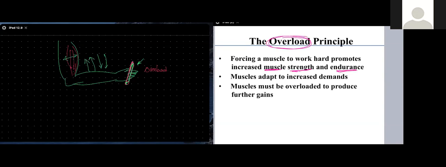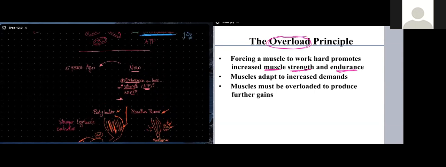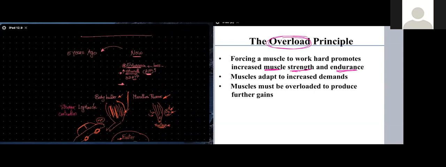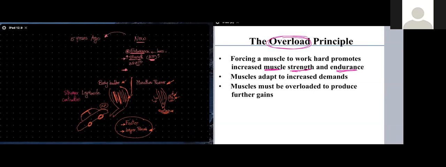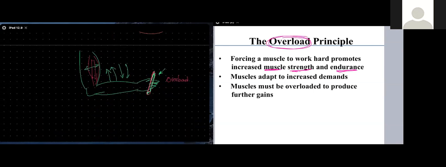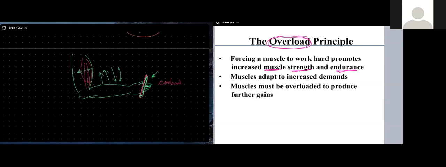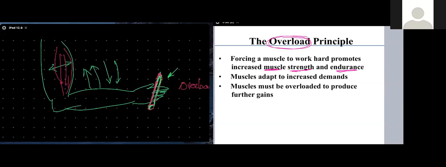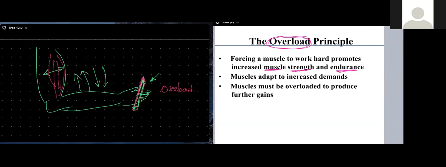So we're discussing here how the muscles will be responding to aerobic exercise, to anaerobic exercises. But in both cases, in order for the muscle to have any gains, the muscle needs to be overloaded. If the muscle is not overloaded, there will be no further gain of the muscle.